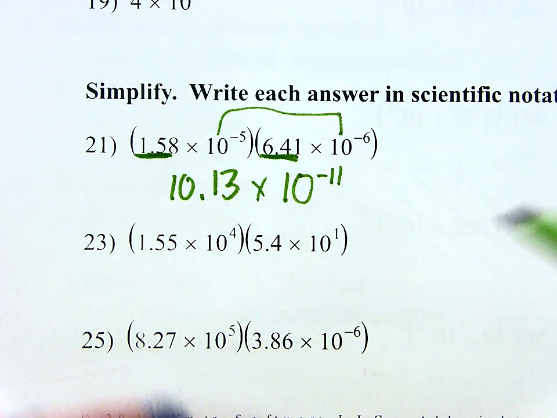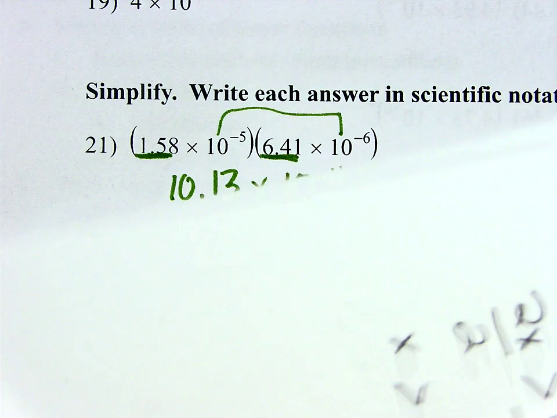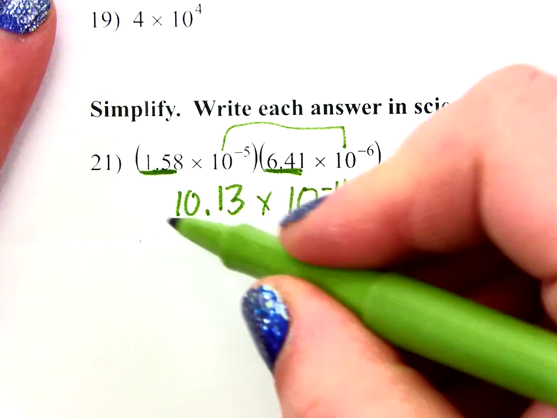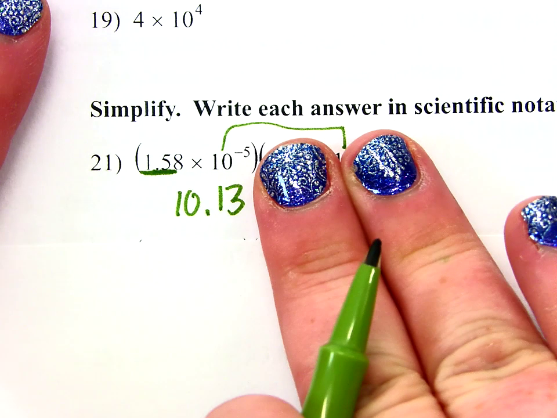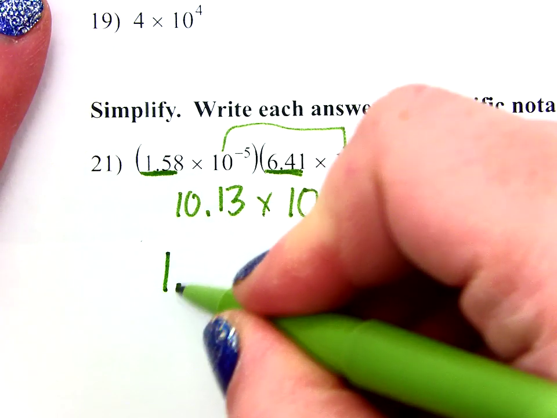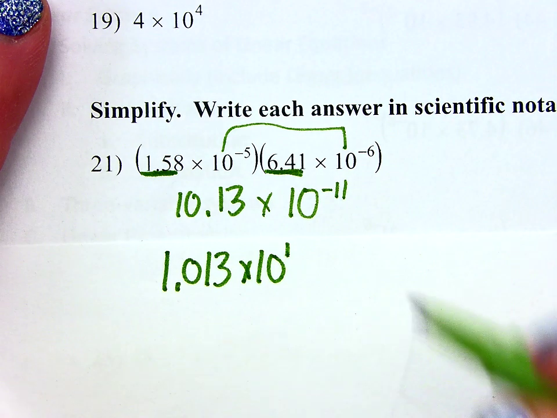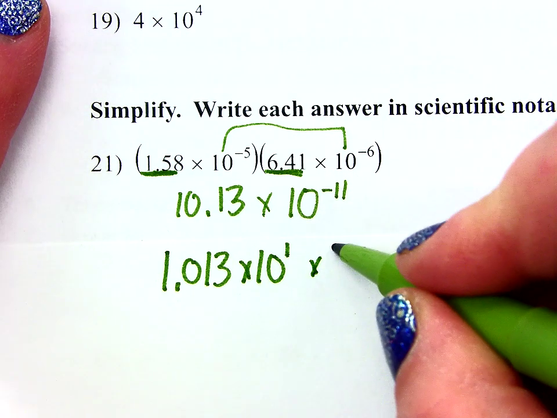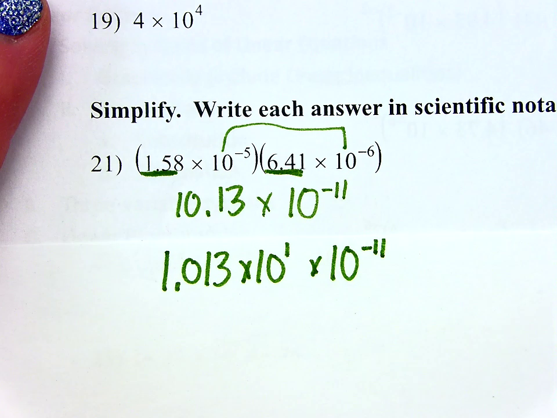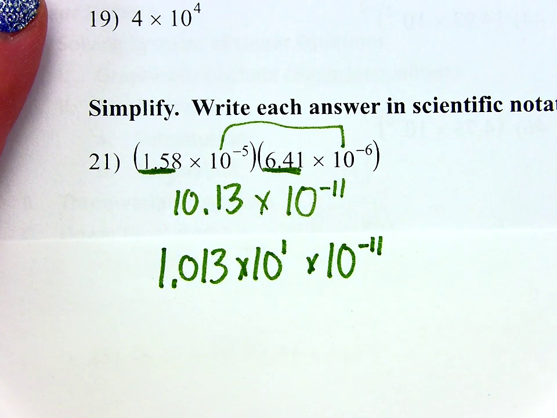So what I'm really doing, I'll do it right here. So just this number, right? Ignore that 10 to the negative 11th. Just this one is 1.013 times 10 to the first. Now I'll bring down this times 10 to the negative 11th. And now I'm so close to being done.